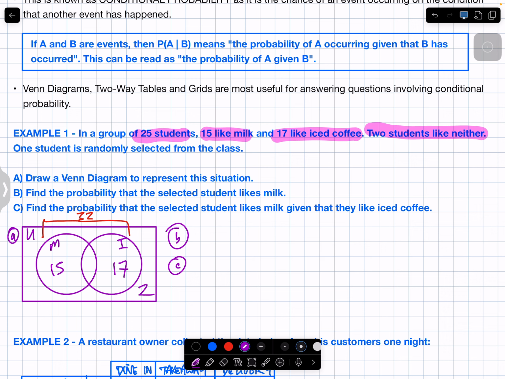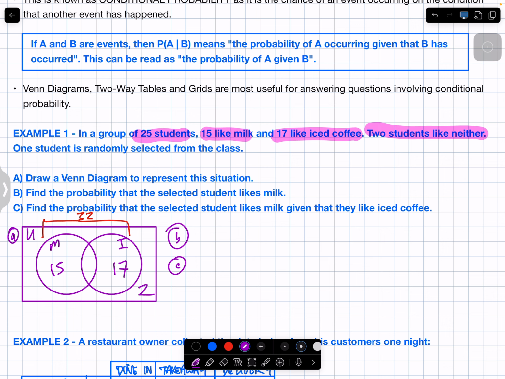Where is the problem here? Do I have too many? Do I have too many kids right now? How many by what? Like, too far by how many? 9? This is too many by 9.